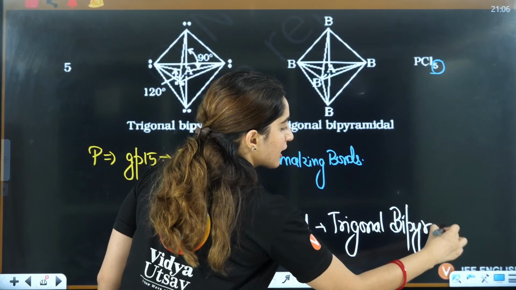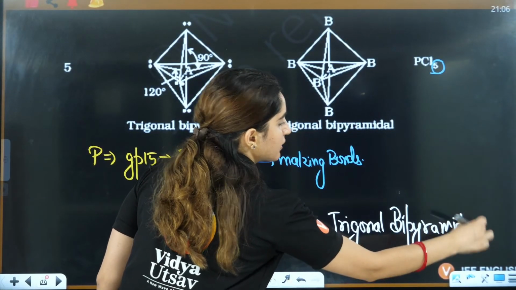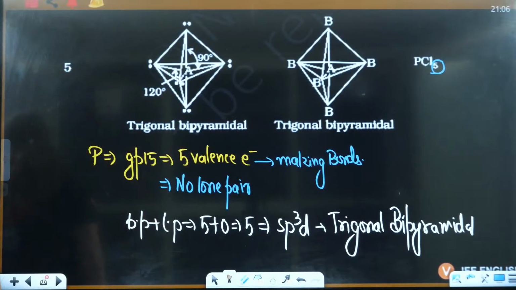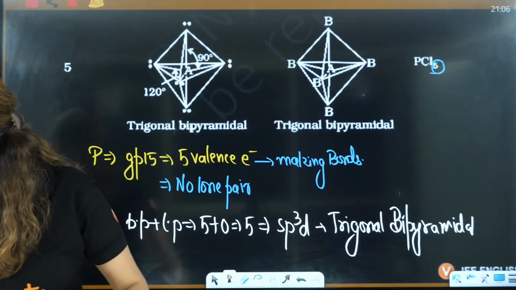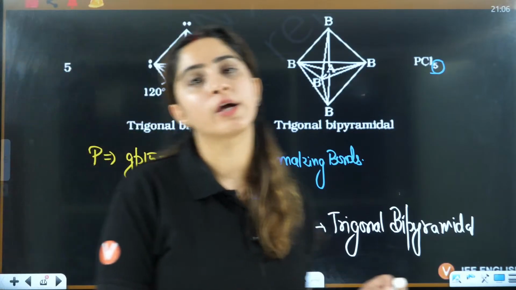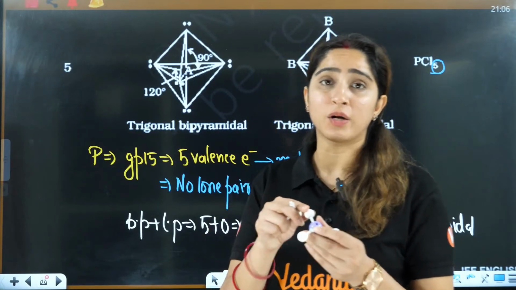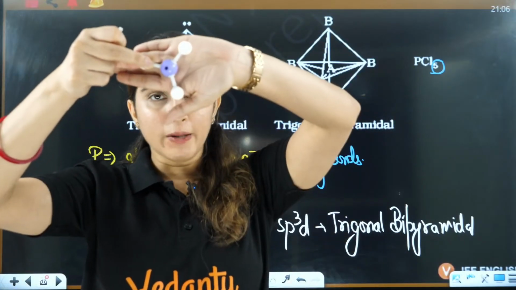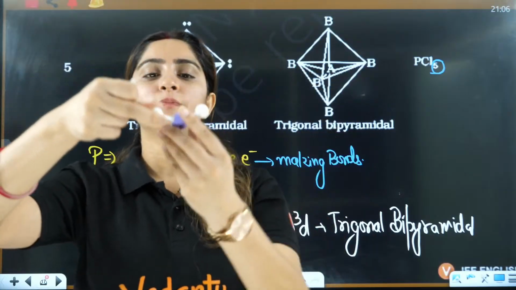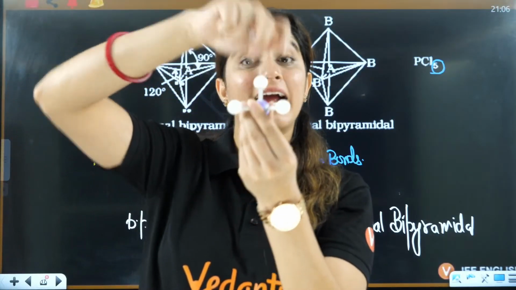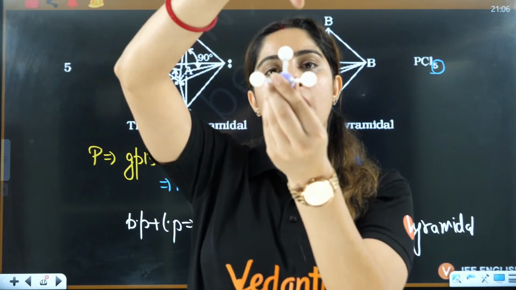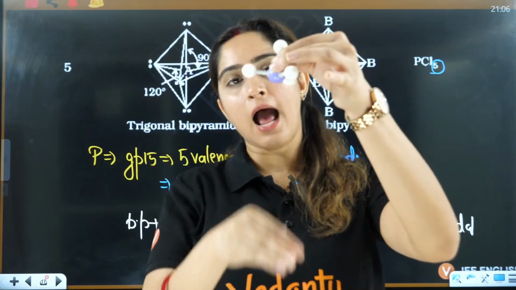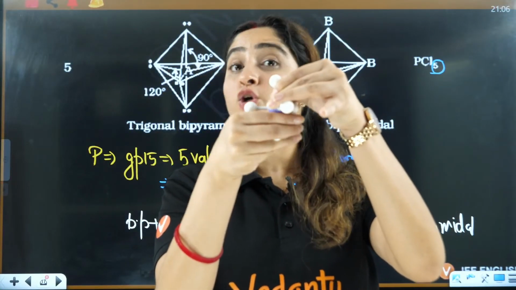Trigonal bipyramidal is actually this kind of geometry. And here what we are talking about is geometry, okay. I'll tell you what is the difference between shapes and geometry. So you have a trigonal planar. In that trigonal planar, at 90 degrees you will put 1 atom upwards and 1 atom downwards, and these are the 2 pyramids.